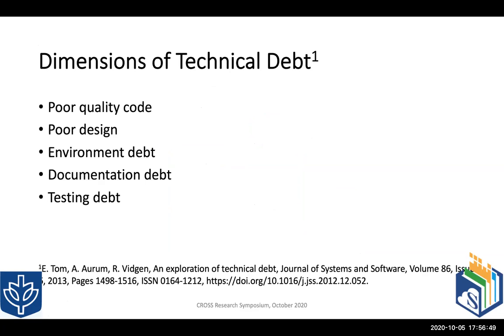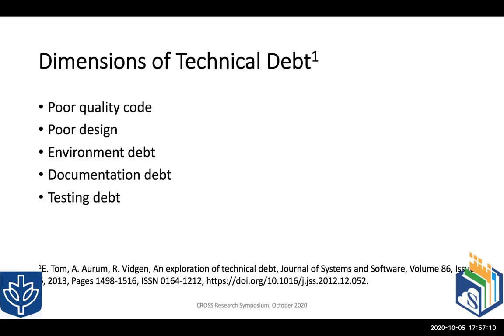There is lack of documentation, or missing tests in the software. Software engineering researchers have also strongly suggested that technical debt must be paid over time. But what if we don't?